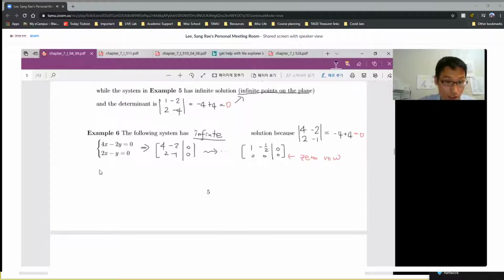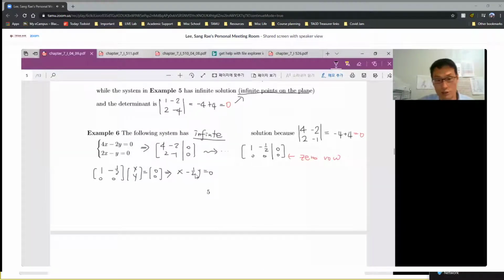So first, we interpret this result 1, -half, 0, 0, where the xy is 0, 0. So the first row with xy is x minus half of y equals 0. That's it. The second row will not give you anything new. 0 equals 0 is always true, but it doesn't give you anything.